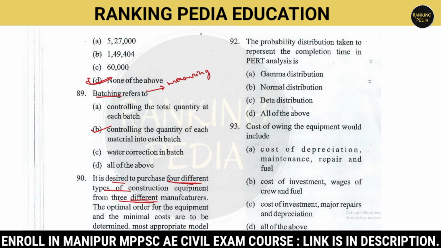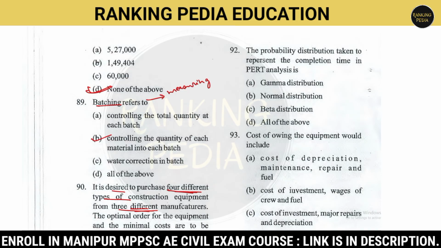Next question is question number 92. The probability distribution taken to represent the completion time in PERT analysis is: gamma distribution, normal distribution, beta distribution, or all of the above. So what is PERT?